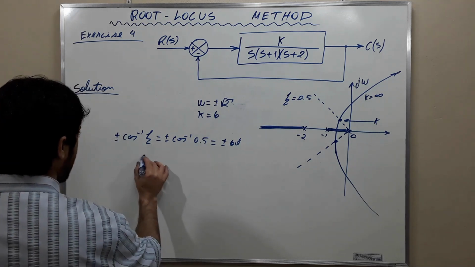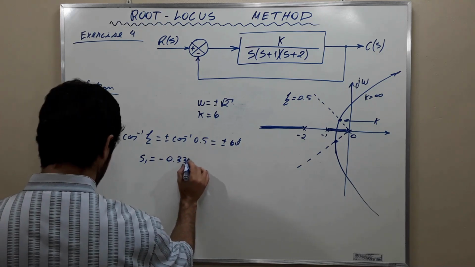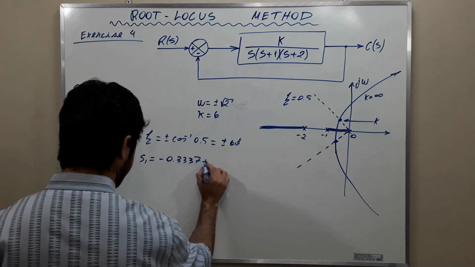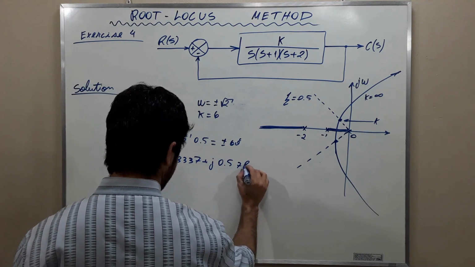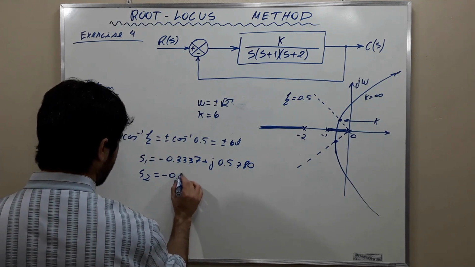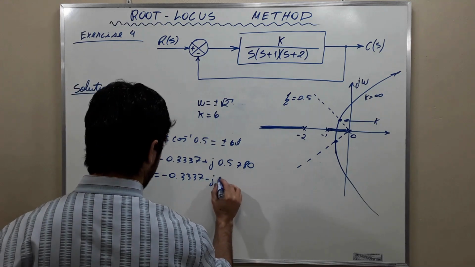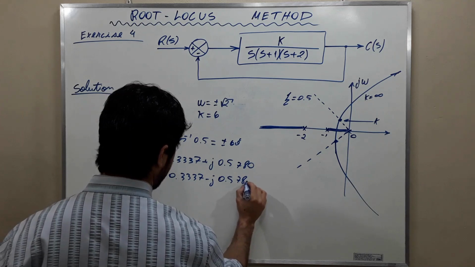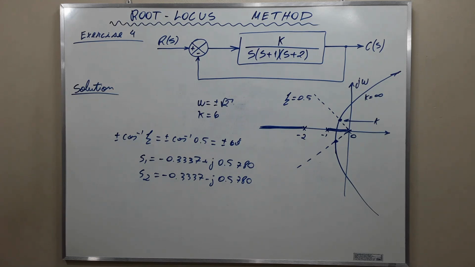By looking at the graph, we say that s1 is minus 0.3337 plus j 0.5780, and s2 is equal to minus 0.3337 minus j 0.5780. The value of K that produces such poles is found from the magnitude condition.